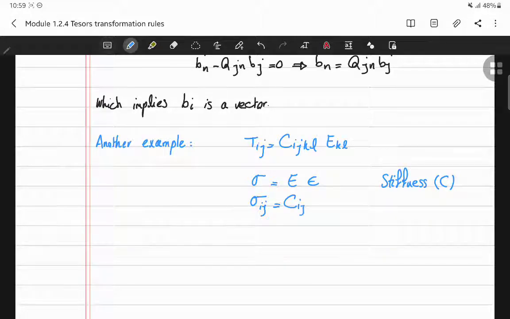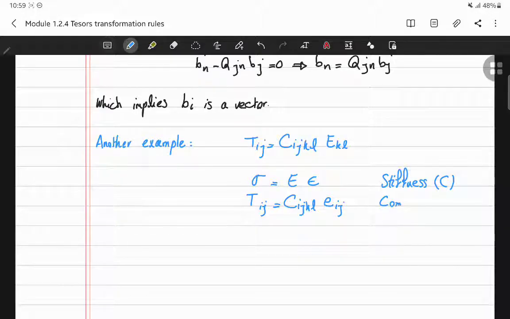So Cijkl, and instead of epsilon, we actually use Eij. Instead of sigma, we use, let's say, T. So it is the generalized Hooke's law. We already saw this in previous sessions, and we already discussed this in a Jupyter notebook. So we have this stiffness showing by C, and also we have the inverse of the stiffness tensor.